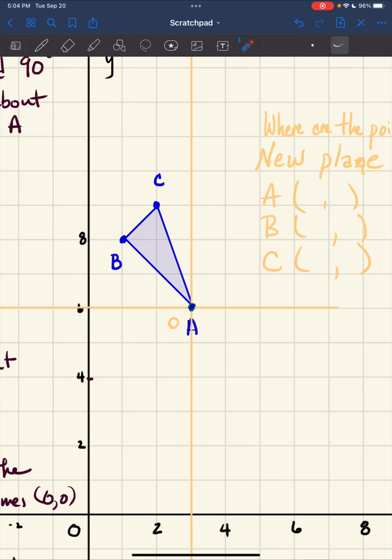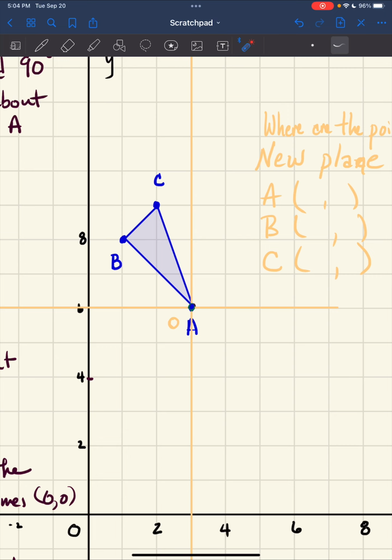Point B would be at negative 2, 2. A would be at (0, 0), because that's what we're rotating around. That's where our origin is. And then C would be what? Can you guess? That's right, negative 1, 3.